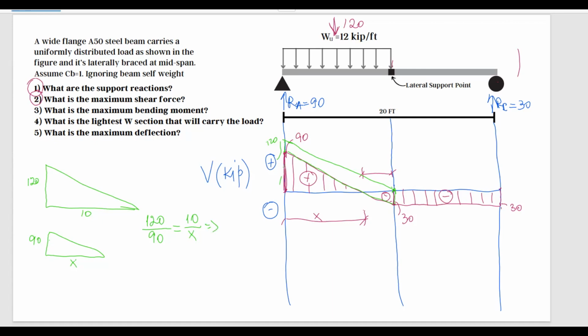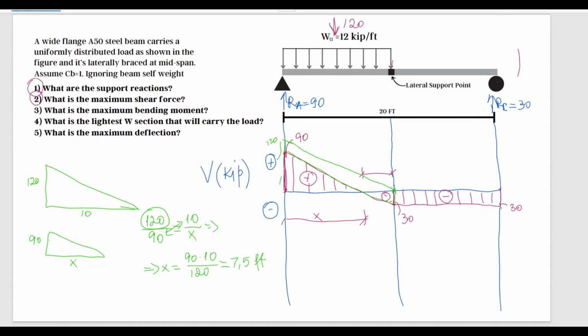And from this equation, x is going to equal 90 multiplied by 10 divided by 120. The way this works, we multiply these two, and then we divide by the member opposite to x. And this is going to be equal to 7.5 feet. So now we found x.